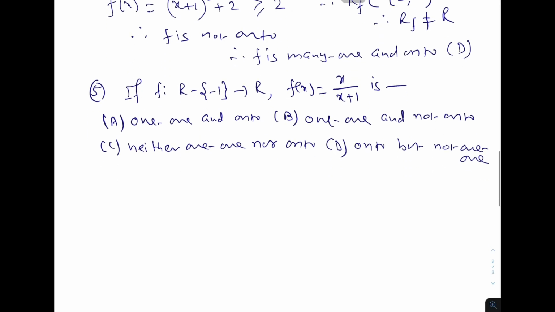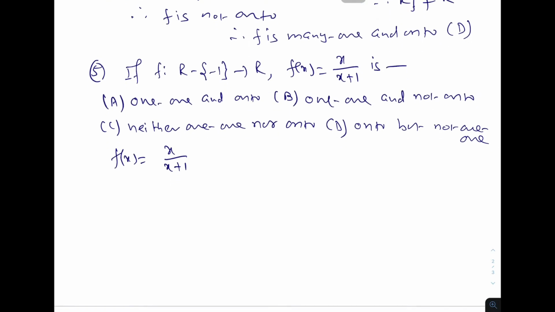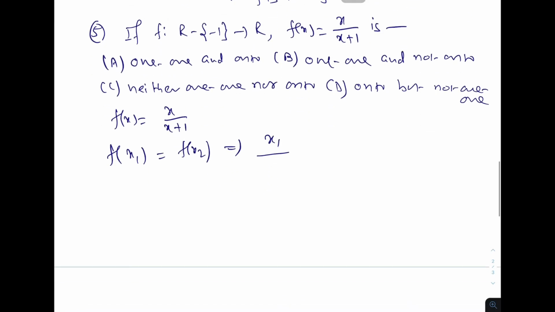Now f(x) is x over x plus 1. So we can easily see that it's 1-1. You can prove it also. This is also a method to prove 1-1: if f(x1) equal to f(x2) implies x1 equal to x2, then f is 1-1.